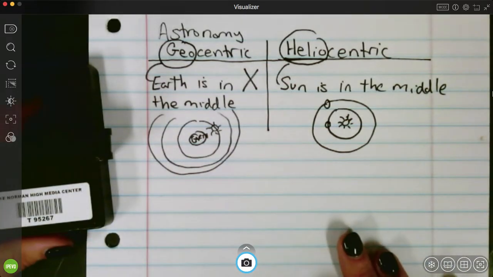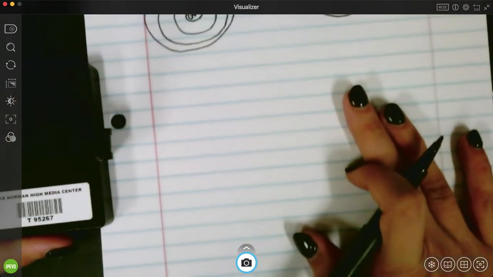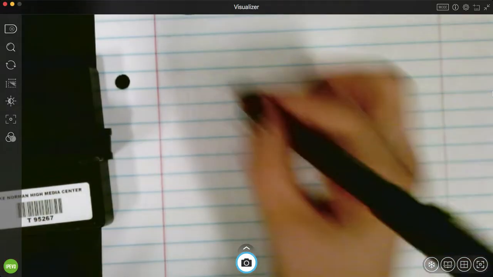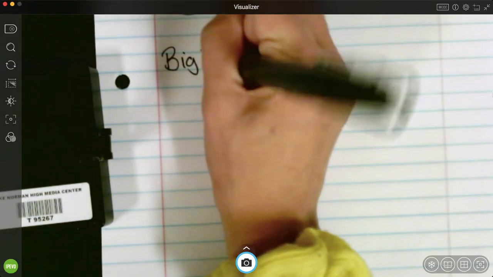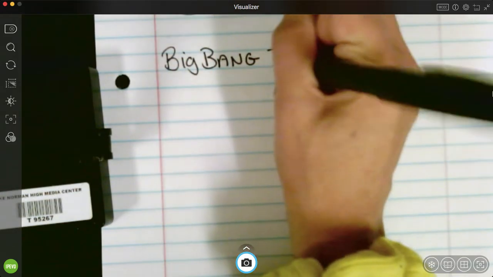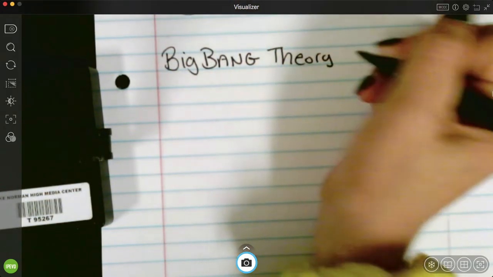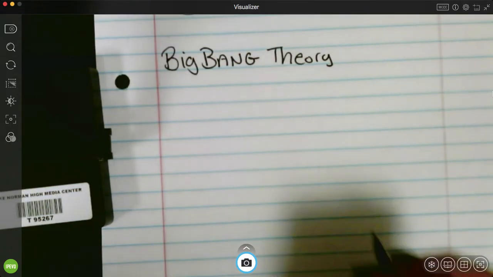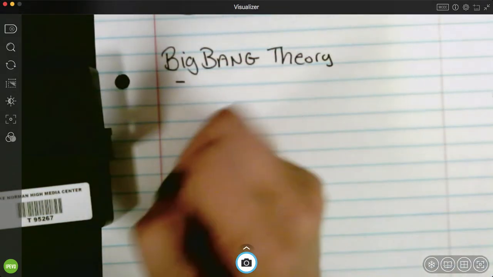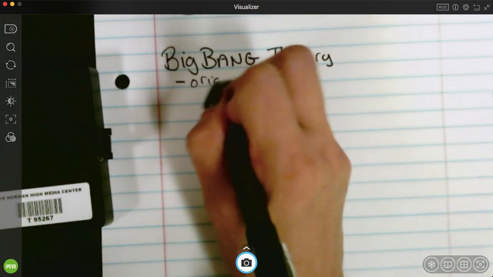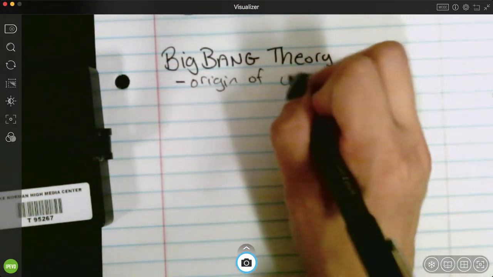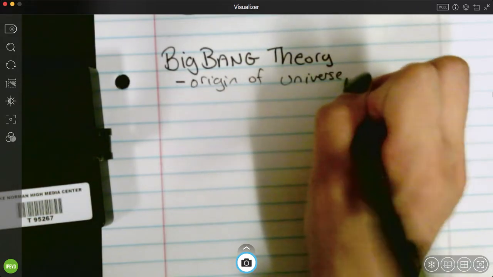All right. Once we went over those models, we then started talking about how the universe got here. And that is Big Bang Theory. Big Bang Theory, the key words you need to remember for Big Bang is origin of universe.